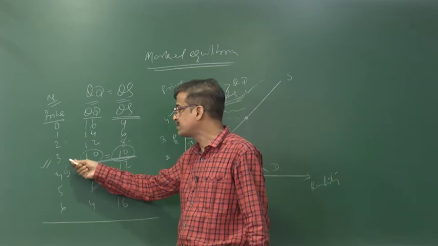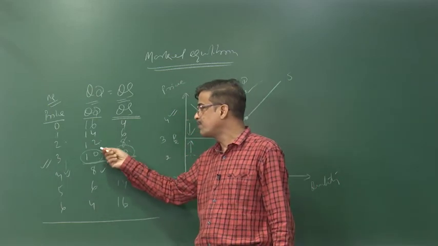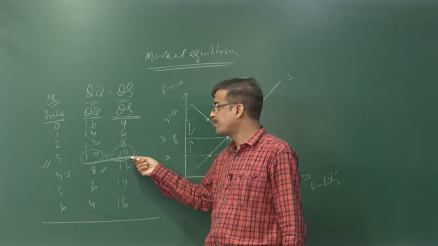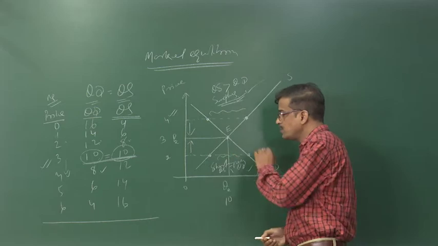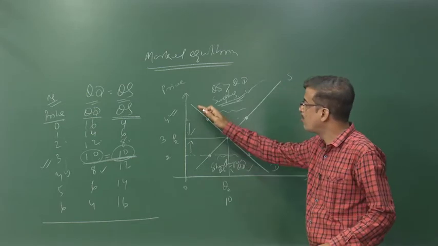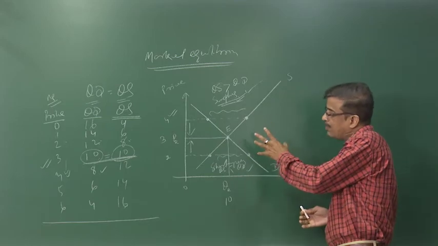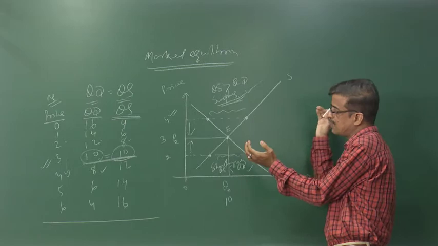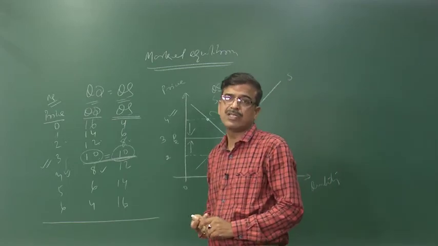When price increases, the number of ice creams demanded reduces from 12 to 10, and supply increases from 8 to 10. So here, to reach the point of equilibrium, either we have to move along the supply curve or we have to move along the demand curve. In any manner, by changing supply and changing demand, we are able to reach the point of equilibrium.